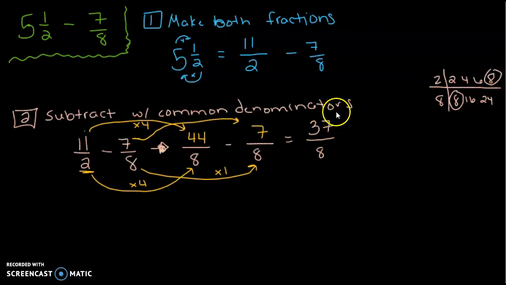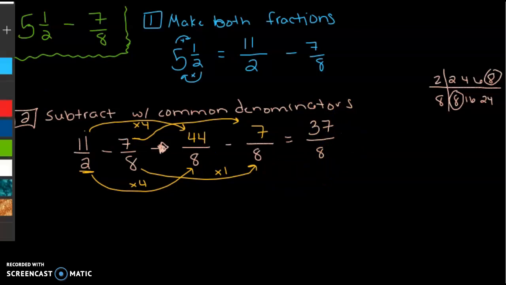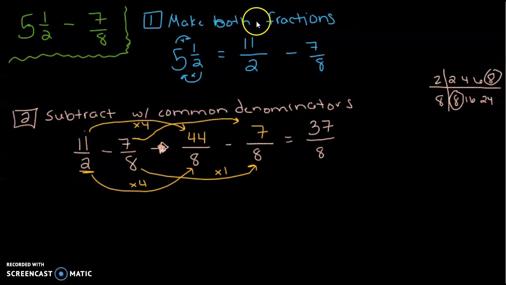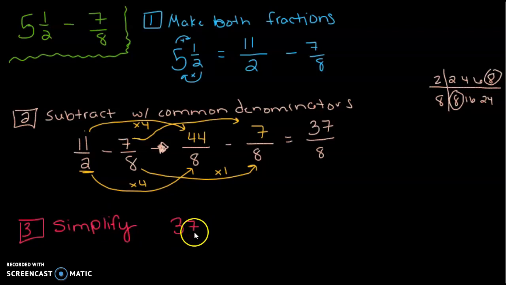Now that we finally did our actual subtraction, we have one last step to do. We have to do this step because if they gave us a question in mixed numbers, we need to give our answer in mixed numbers. So step 3 is to simplify. We have 37 over 8.